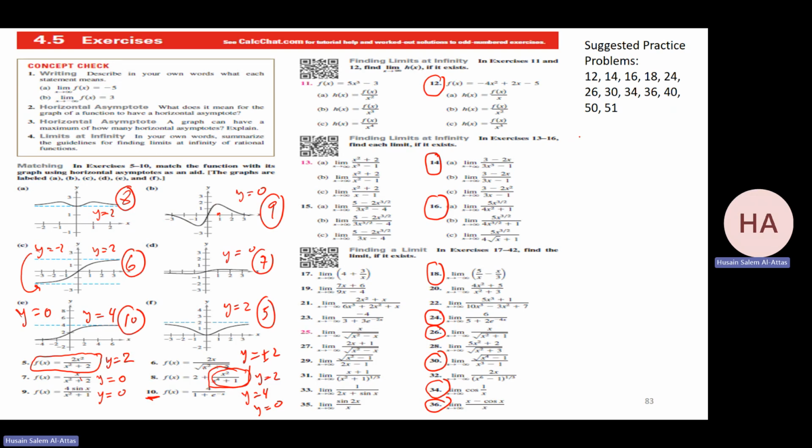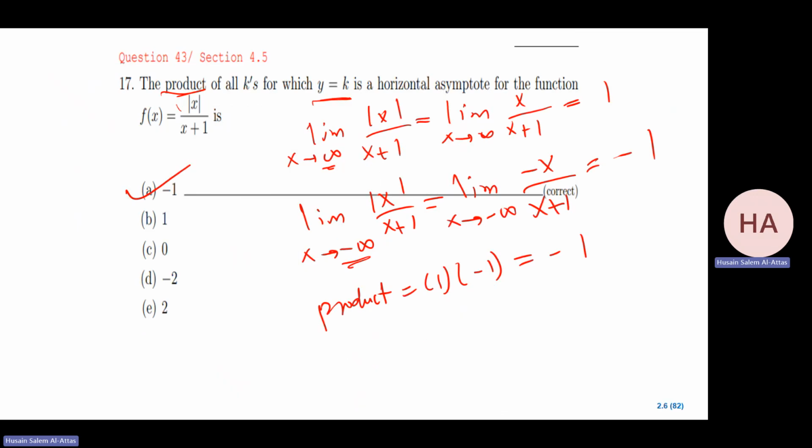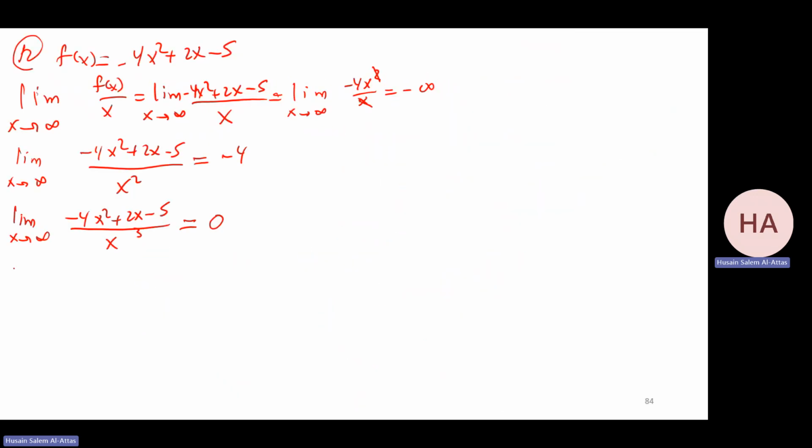Now, he wanted to find the limit at infinity. Find different limits, x goes to infinity, x goes to minus infinity. So he wants you to find this for different functions. 14, limit as x goes to infinity, 3 minus 2x over 3x cubed minus 1.